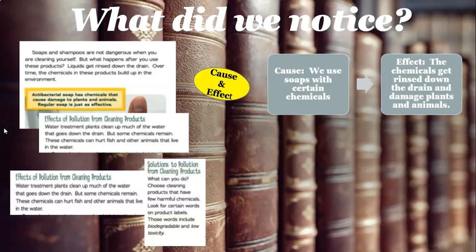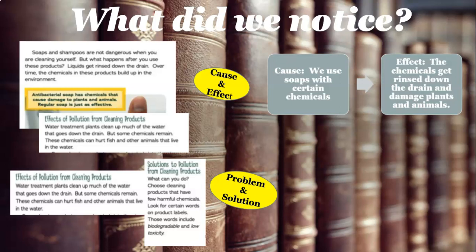So, boom, next page, the heading again, helping us out here. The heading is called Solutions to Pollution from Cleaning Products. And then it gives us some solutions. So, pow, right there, problem and solution. That is how the author has organized this little section. But the author's been really skillful in overlapping the way those two structures interact.